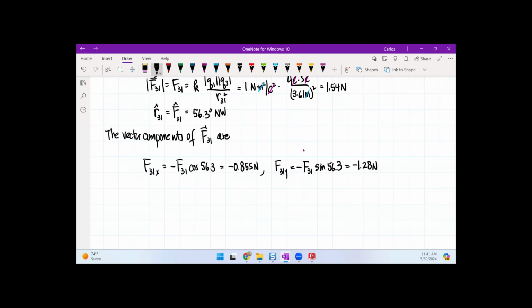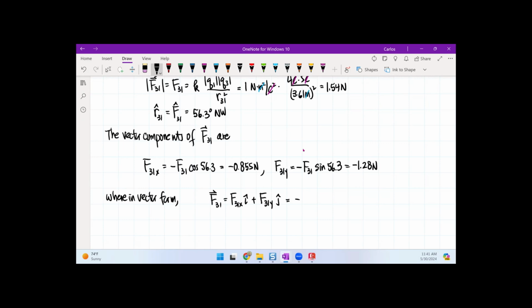So now I have my components, where in vector form I see that F31 has F31x i plus F31y j.